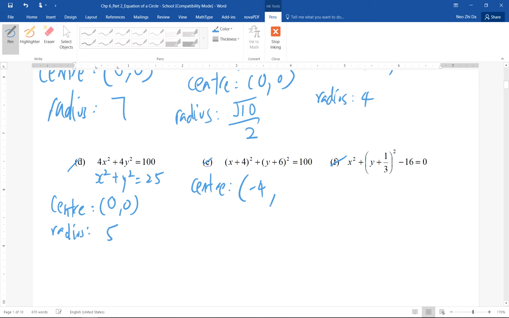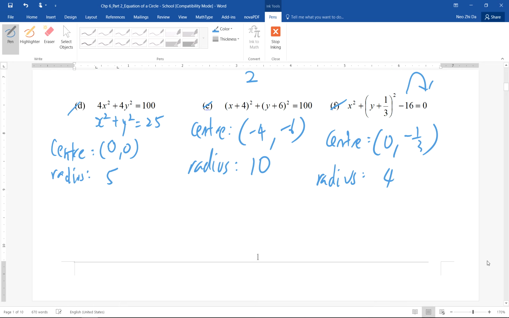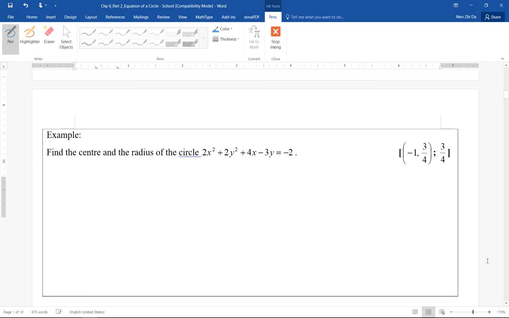Is the y coordinate 6 or negative 6? What's the radius? Center, what's the x coordinate of the center? What's the y coordinate of the center? What's the radius? Obviously, we'll bring the negative 16 over. Okay. With this.